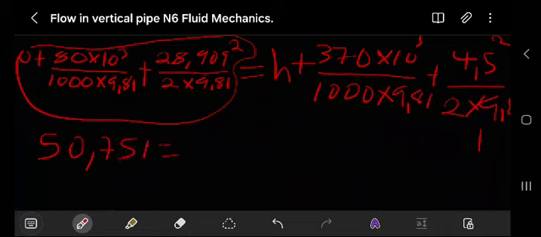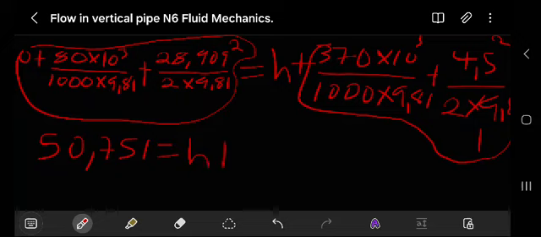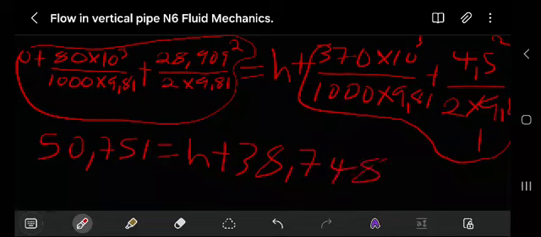Then this will be equal to h plus 37.717, no, this will be equal to h plus 38.748, right?